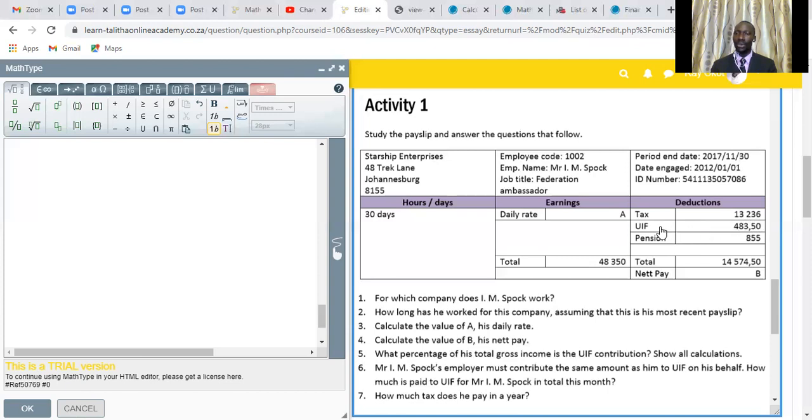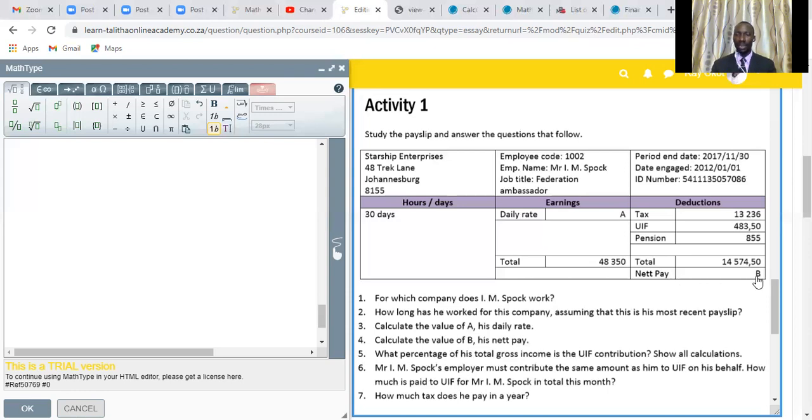We also have UIF, which is 483.50. Then there is pension, which is 855. The total for all deductions gives 14,574.50. Now that we have got this, the net pay is right here.